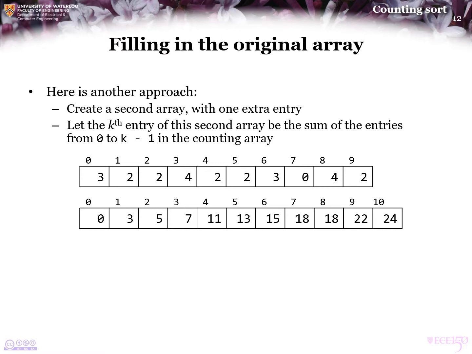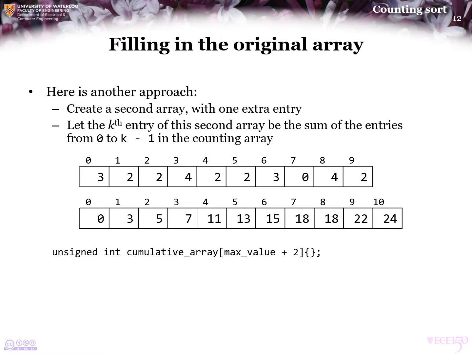Well, let's implement some code to do this. So here we have a cumulative array of capacity max value plus 2. So the entries go from 0 to max value plus 1. Let's initialize all the entries to 0, although that may not be that necessary. We really only have to initialize the first entry.